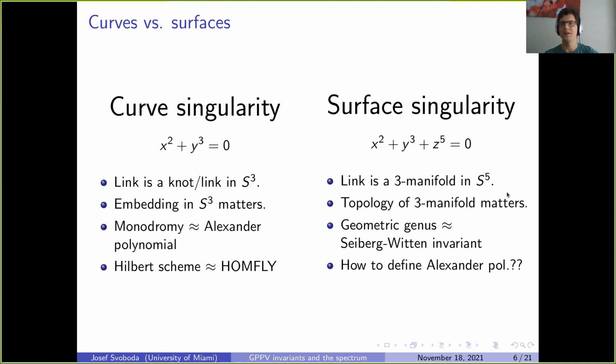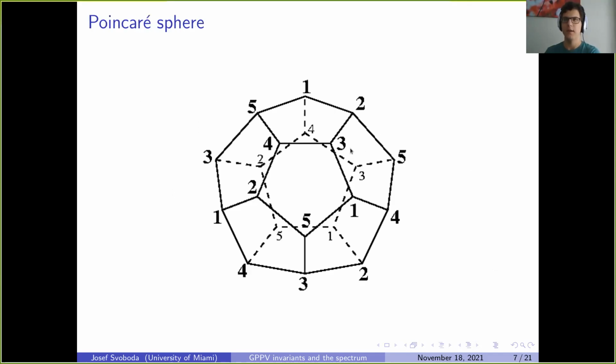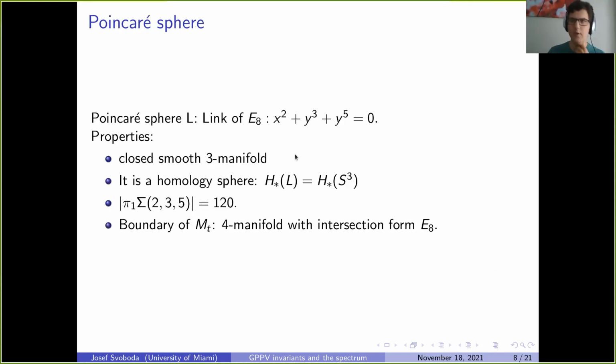But nobody really knows how to use this embedding into S5. So what we do, we avoid it. We don't think about this embedding, and we just concentrate on this 3-manifold, which still gives us quite a lot of information. Of course, we cannot recover the geometry, but we can still get something. This also started with Milnor, who proved that S3 is the link if and only if we have an A1 singularity.